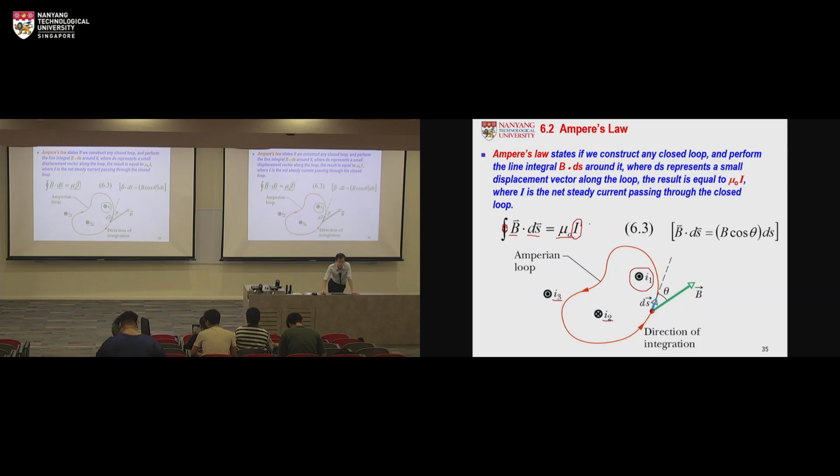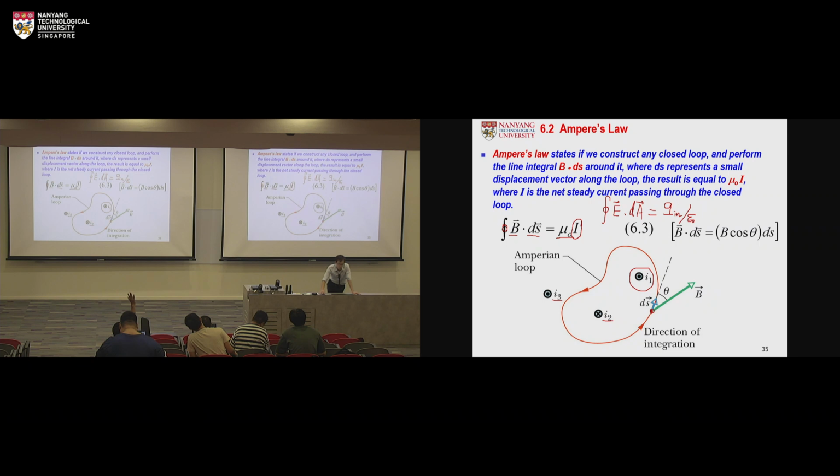So here you see you need a loop. It's a two-dimensional loop. In Gauss's law for the magnetic field, it's a closed surface, a three-dimensional surface. If you remember, when we talked about Gauss's law, it's the integral of E vector dA equals Q enclosed over this constant, right?